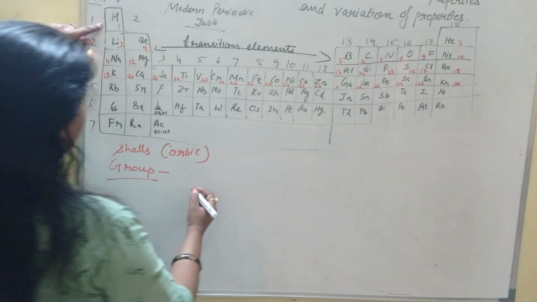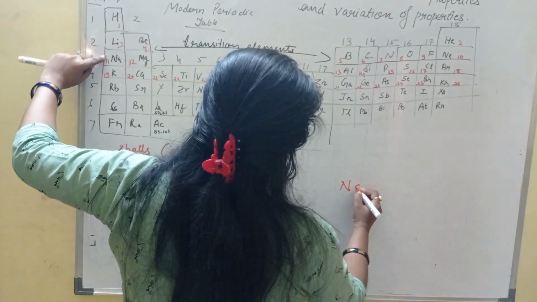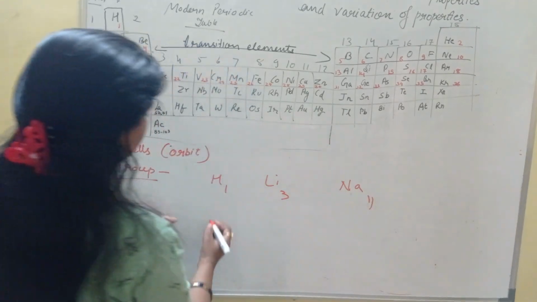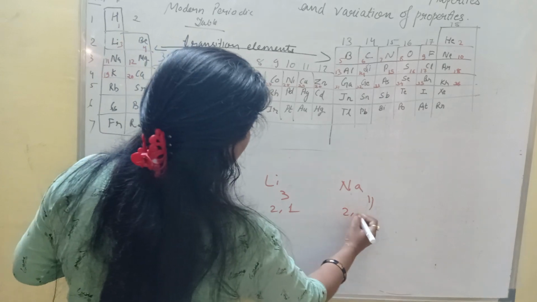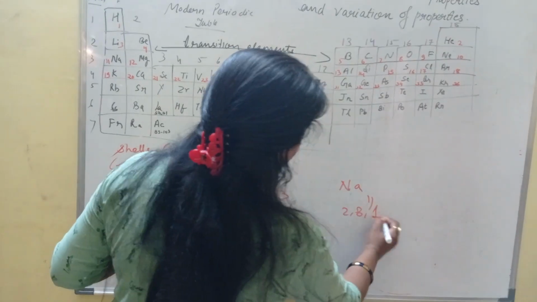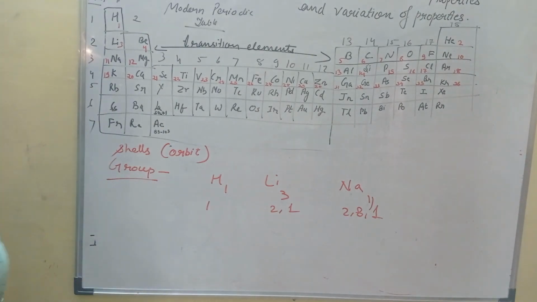Again we'll write the configuration of these three elements. Hydrogen 1, lithium 3, sodium 11. Configuration 1, 2 1, 2 8 1. Why am I writing it again and again? So that you can learn it.